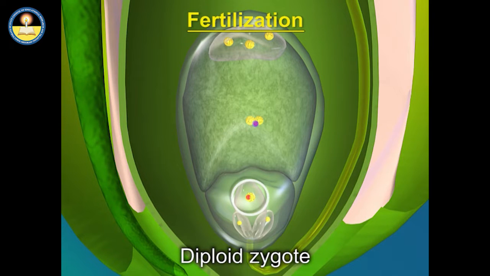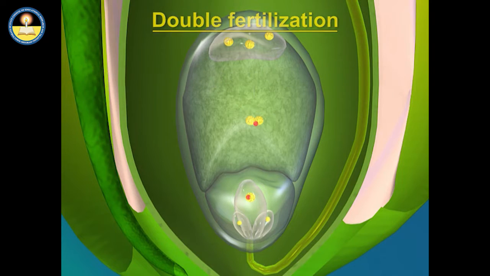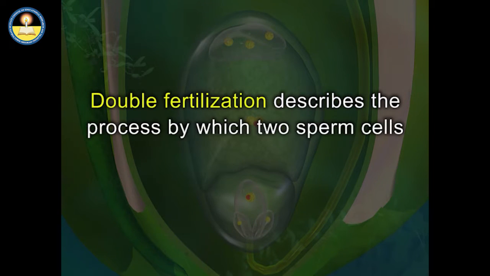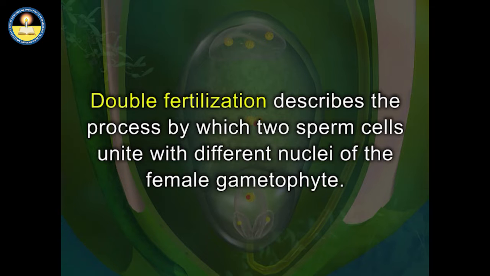The other male gamete fuses with the diploid secondary nucleus and produces a triploid primary endosperm nucleus. This is called double fertilization. Double fertilization describes the process by which two sperm cells unite with different nuclei of the female gametophyte.